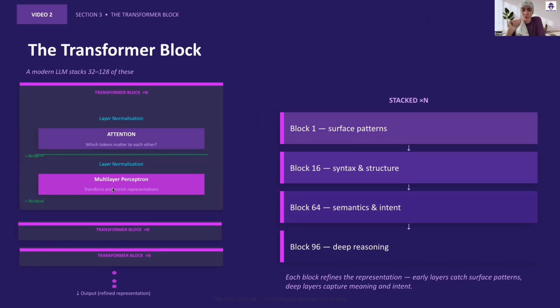Between those two components, you'll also see layer normalization, which keeps the numbers stable during training. And we also have the residual connections, which let information flow around blocks rather than only through them, which is critical for training deep networks.